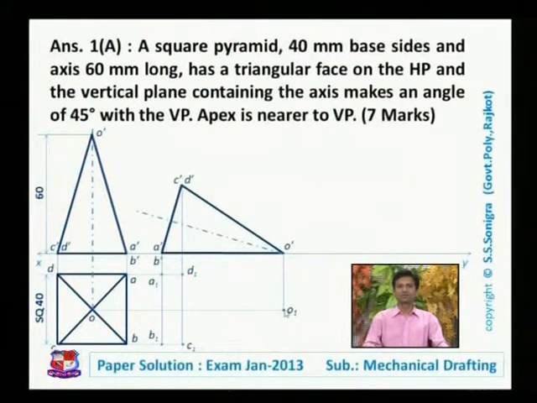They should be joined O1 D1 and O1 C1 with full line. O A and O dash B dash will not be visible in top view. Hence they should be joined with a dotted line like this. This face A1, B1, C1, D1 would be visible if you look from top side.